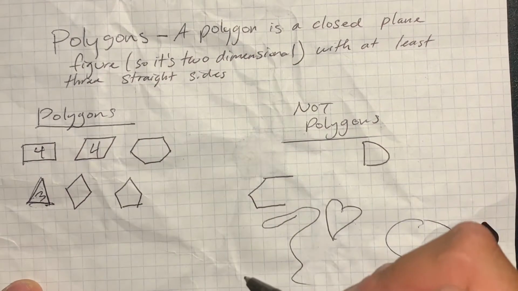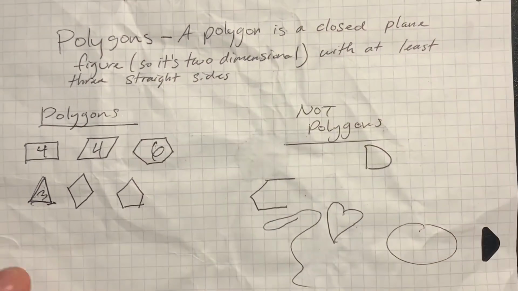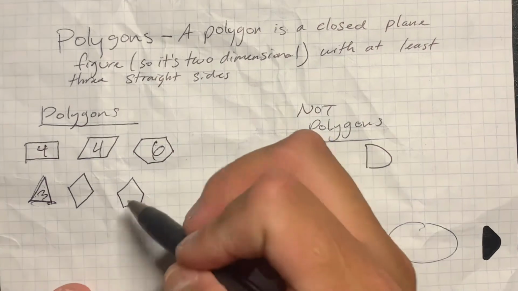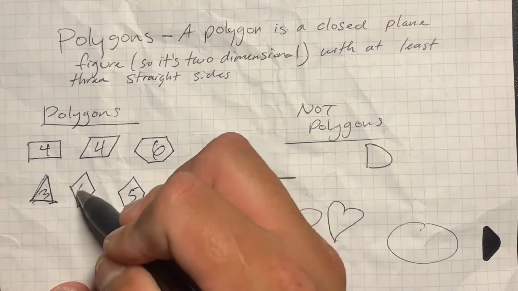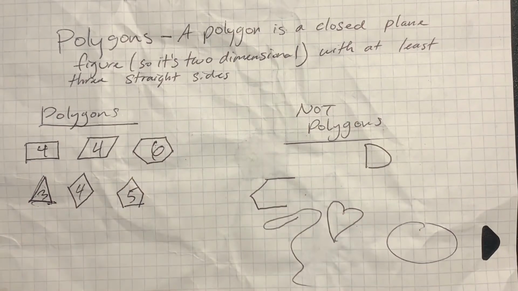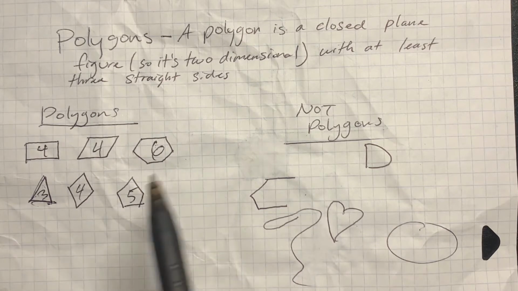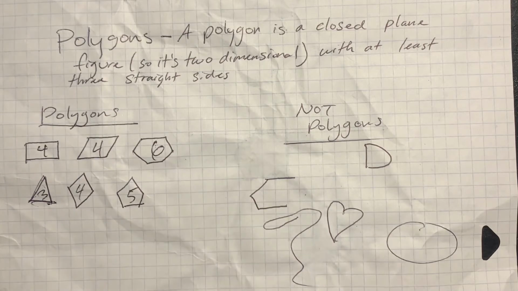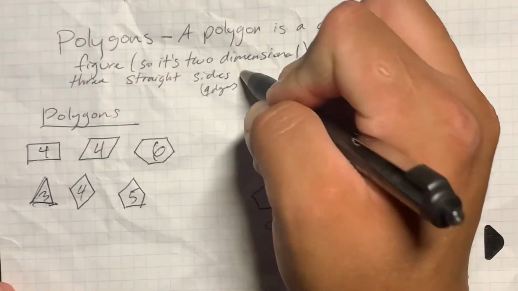The hexagon has, sorry, six edges. The pentagon has 5 edges, and the diamond has 4 edges. So again, these are polygons because they are closed figures. They're two-dimensional with at least 3 straight edges. That's what we mean by sides, okay?